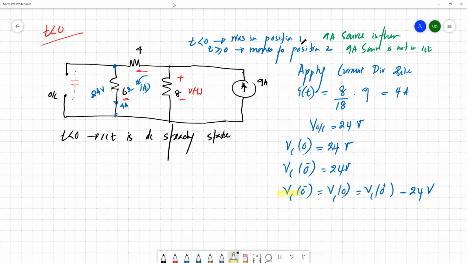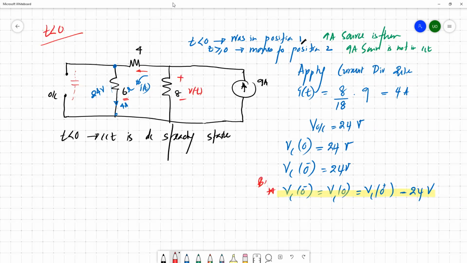So based on the voltage continuity across the capacitor, we can argue like that. If we want to write this precisely, VC(0) is 24.